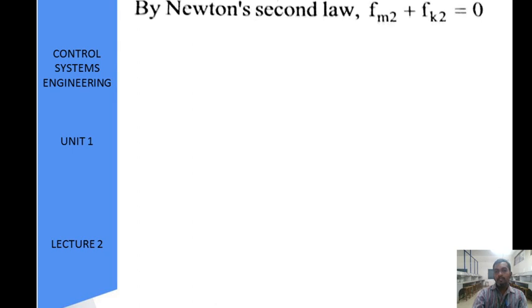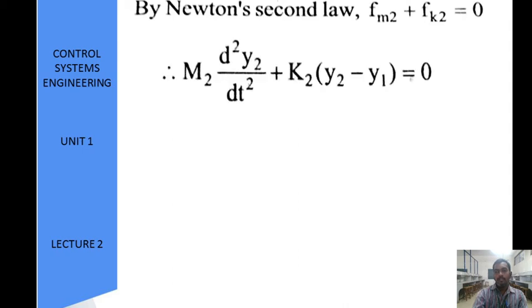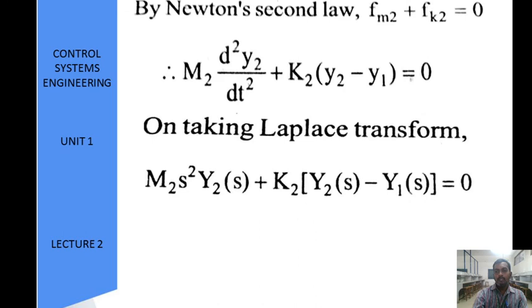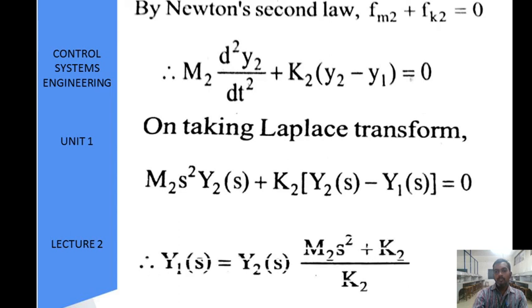By Newton's second law, the applied force equals the sum of the opposing forces, that is fm2 plus fk2 equals 0. Therefore m2 d square y2 by dt square plus k2 into (y2 minus y1) equals 0. On taking Laplace on both sides, m2 s square Y2(s) plus k2 into (Y2(s) minus Y1(s)) equals 0.